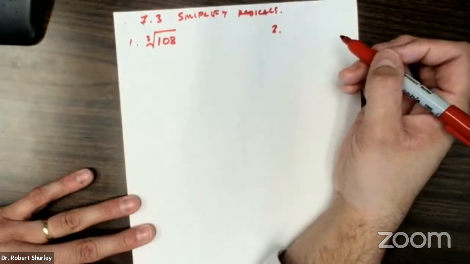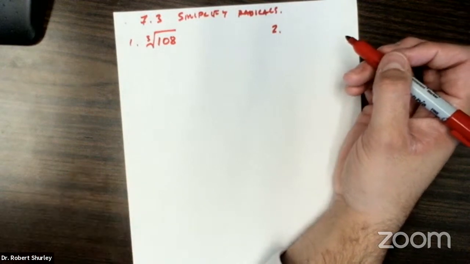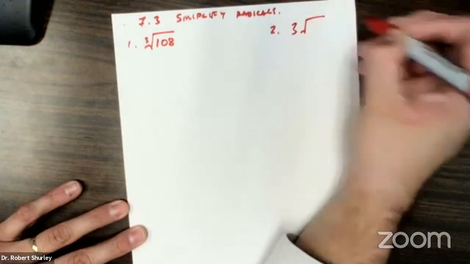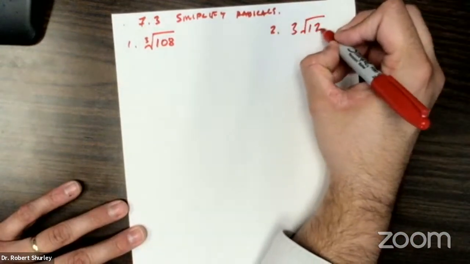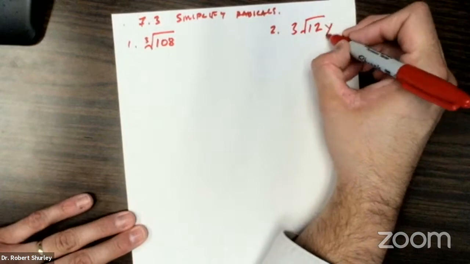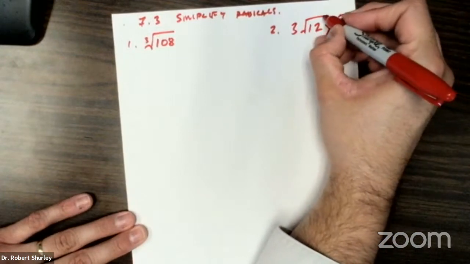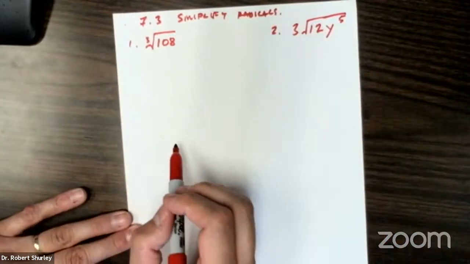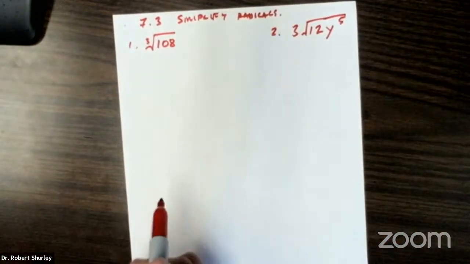Number 2, let's do a mixed review here. Let's say we've got 3 square root of 12y to the 5th. That's a good one. So 3 square root of 12y to the 5th.